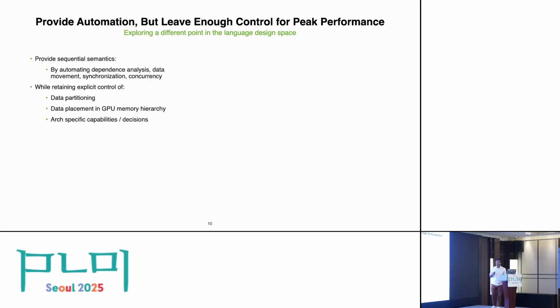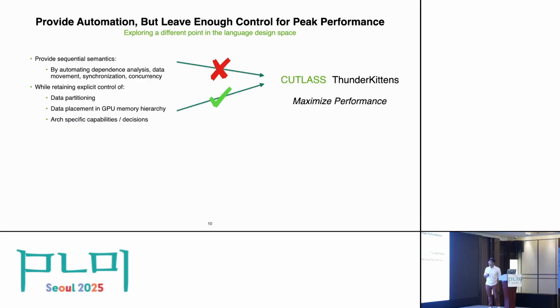If you look at the programming systems that we have today, you kind of get one or two of these things. If you have systems like cuBLAS or Thunder Kittens, basically they don't really do that much for you to help out with these difficult parts of writing the code, but you are able to write that beautiful sequence of instructions that gets 100% of peak on the machine. So you can get that high performance, but you don't get too much help to make sure your code is actually correct.